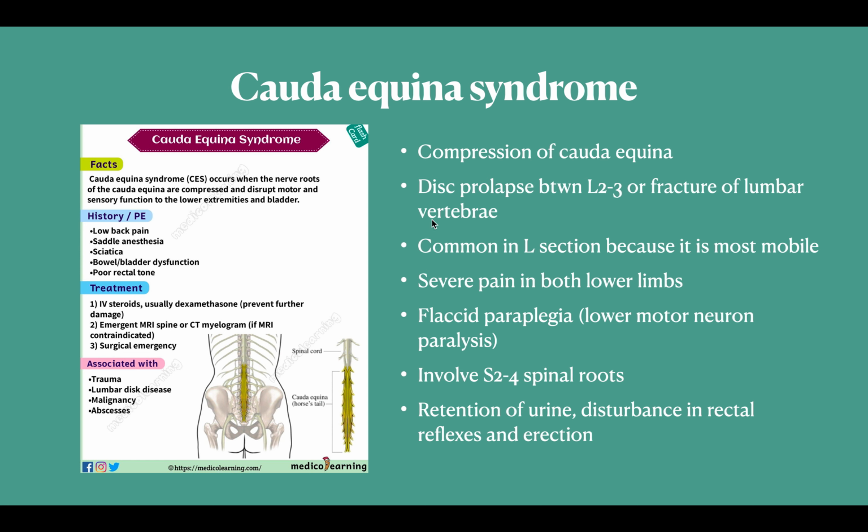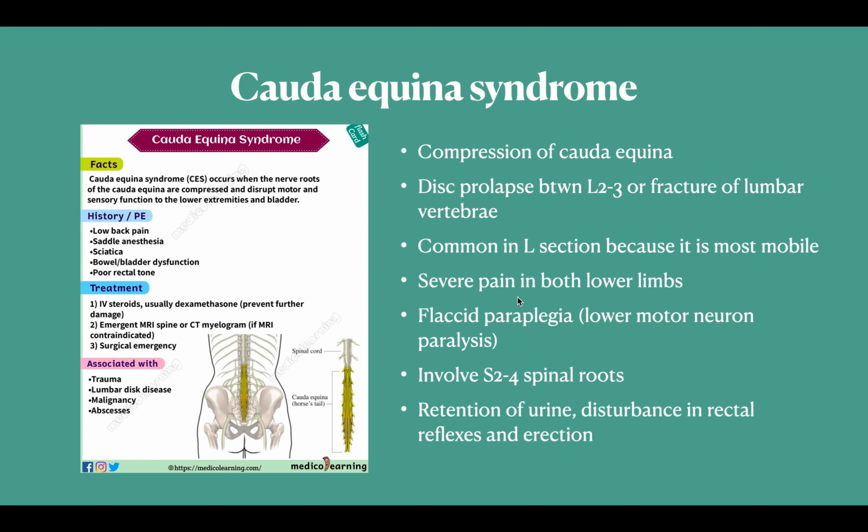Cauda equina syndrome, again, is usually due to a fall, like on the tailbone, and it's going to compress the cauda equina, and it disrupts the motor and sensory functions through the lower extremity and the bladder. It's most common in the lumbar section because it's the most mobile part of the vertebral column.